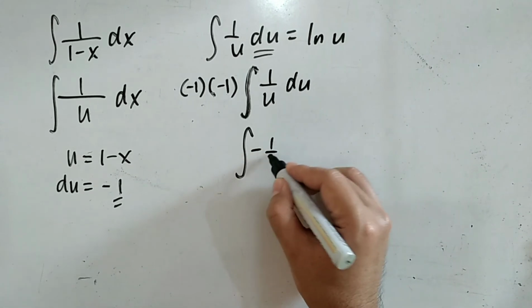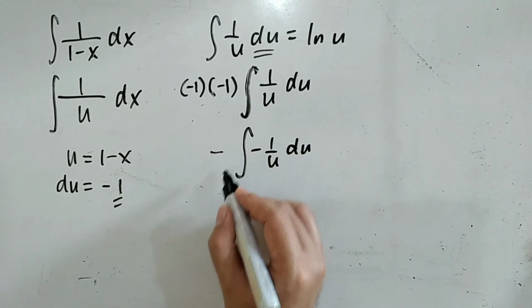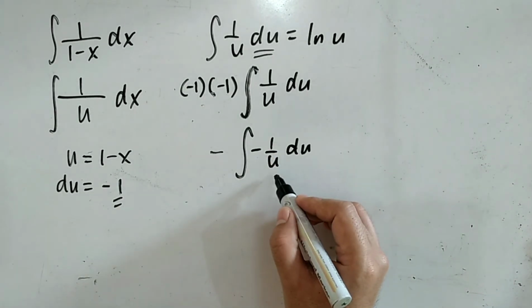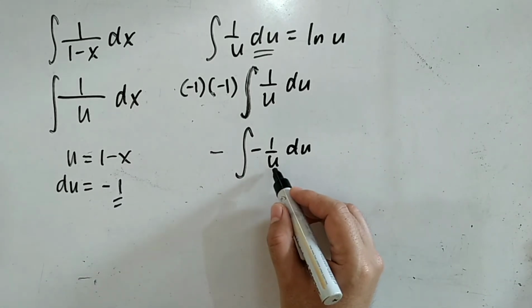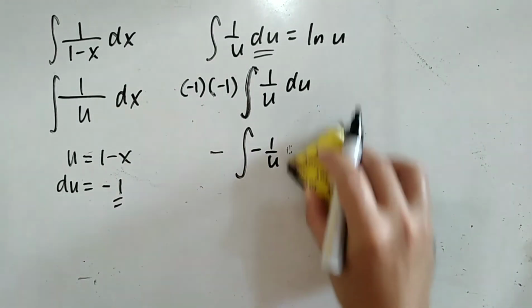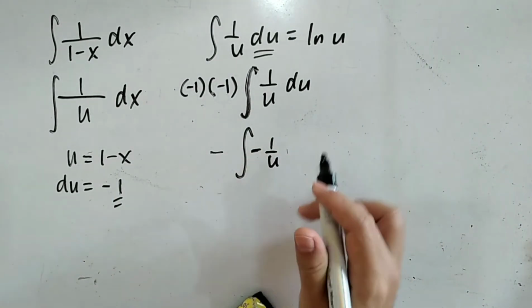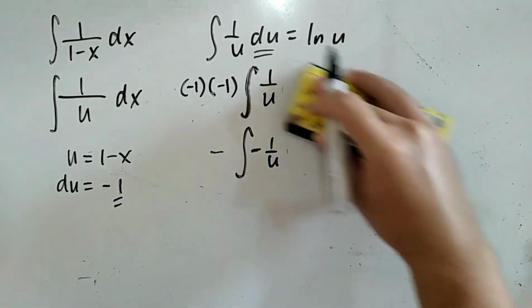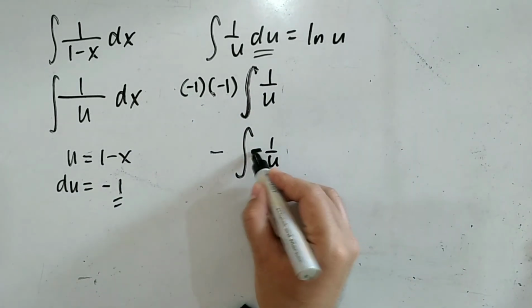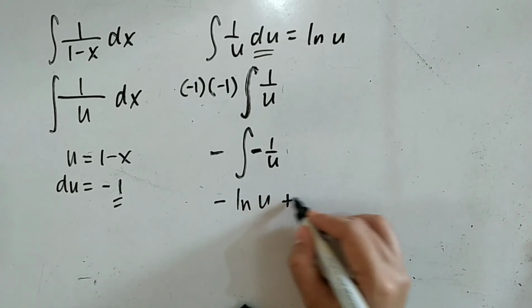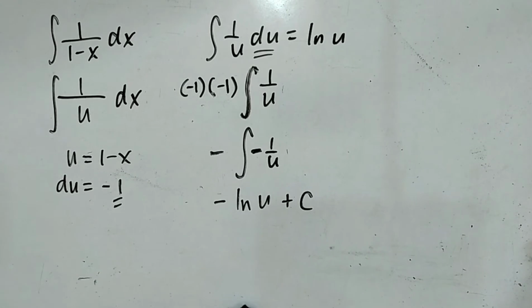So negative 1 over u du, and we have negative 1 on the outside of the integral. Now we have our du expression, and so this becomes negative ln of u plus c. So we still get the same answer using two different techniques.